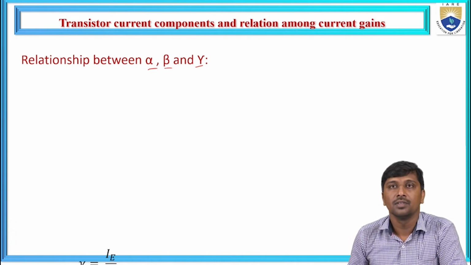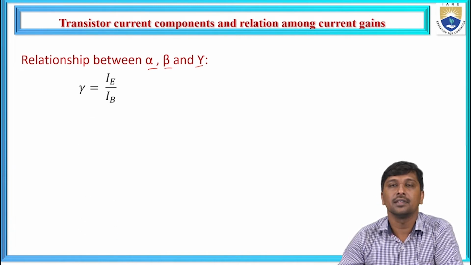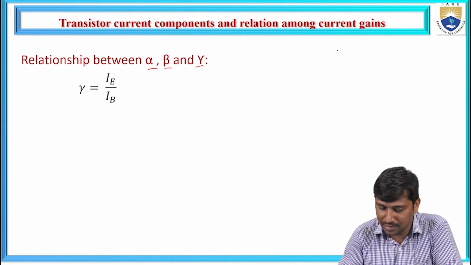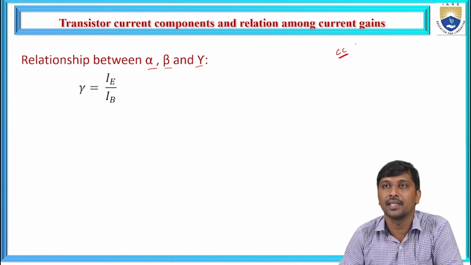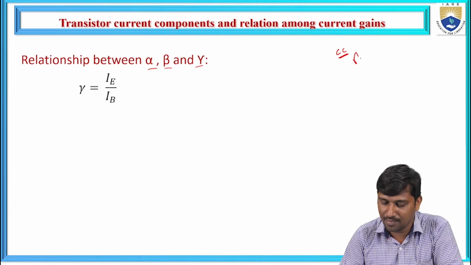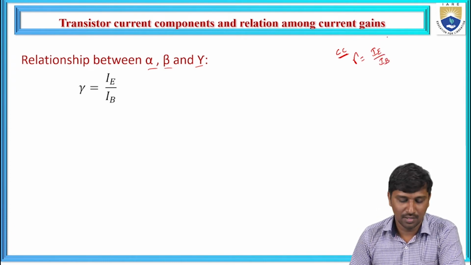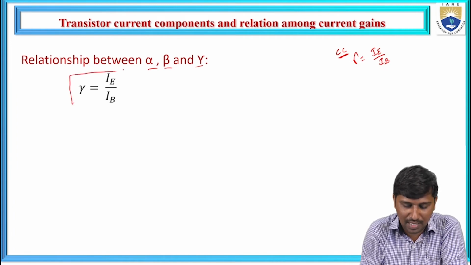From the transistor configurations, in a common collector configuration, the DC current gain or amplification factor is defined by gamma. In a common collector configuration, the output is measured across the emitter terminal and the input is passing through the base terminal. Hence it is defined as IE by IB.